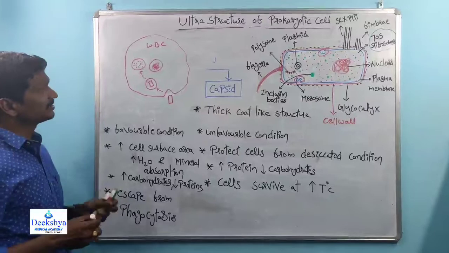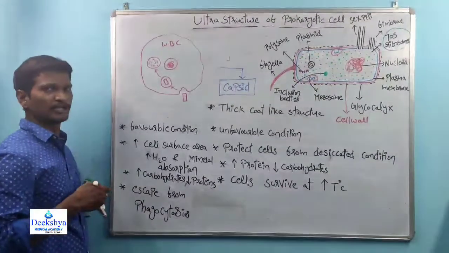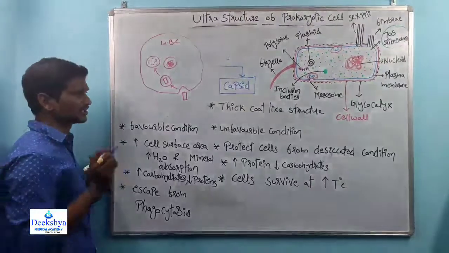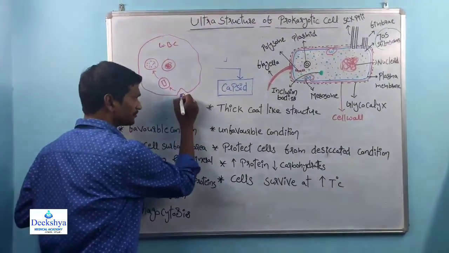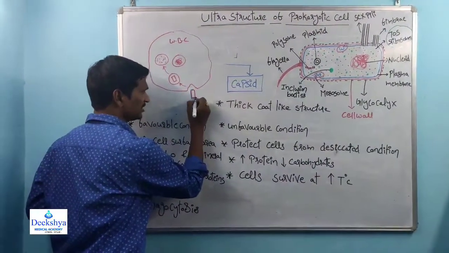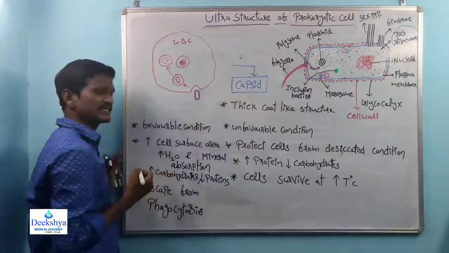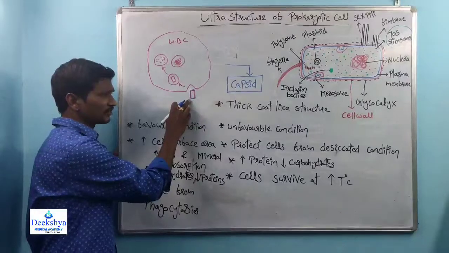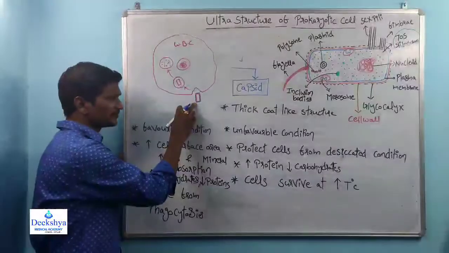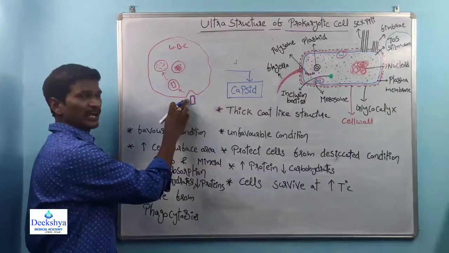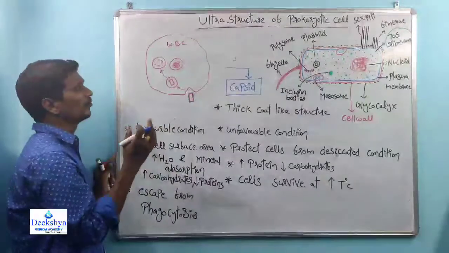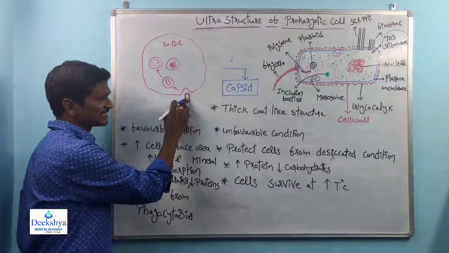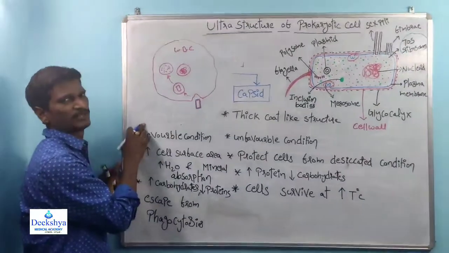Here I said that the slime layer helps the bacteria cells escape the phagocytosis process. In the presence of the S layer, the bacteria cells escape phagocytosis. Already I said this is a slimy layer. In the presence of the slimy layer, the cells cannot be captured by white blood cells.